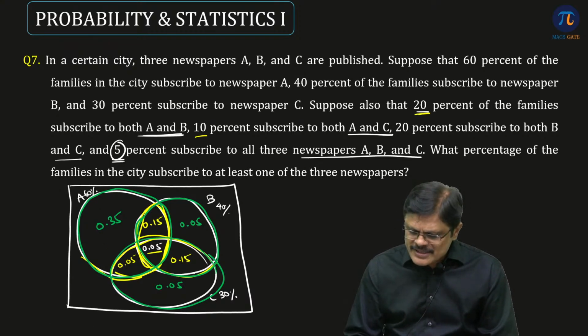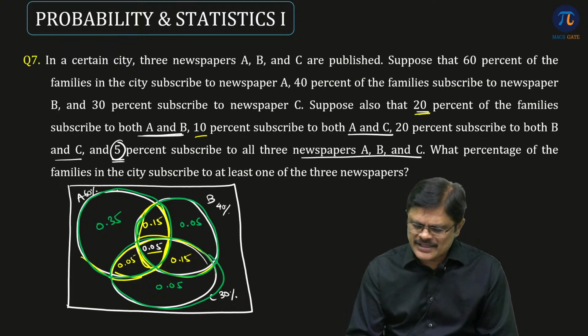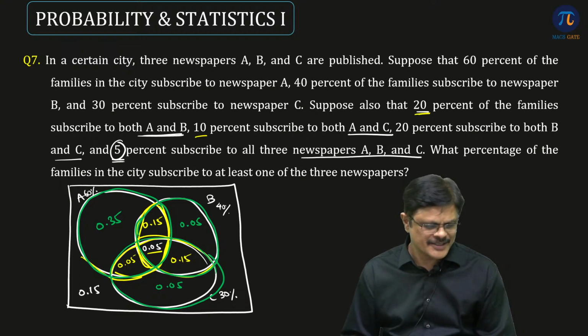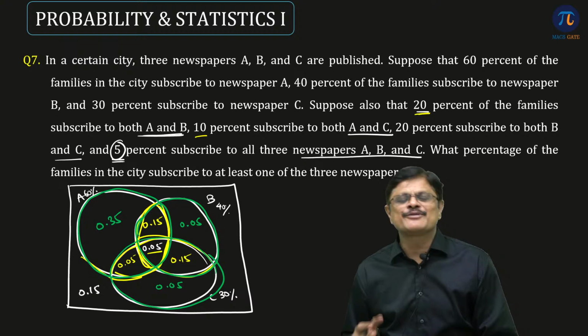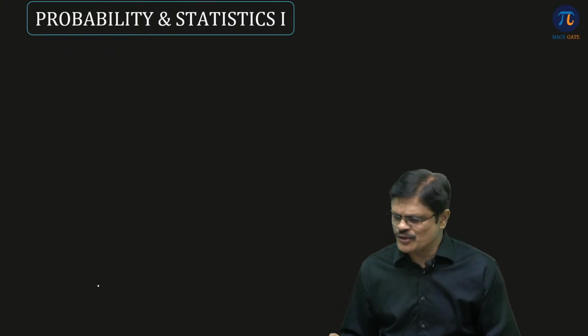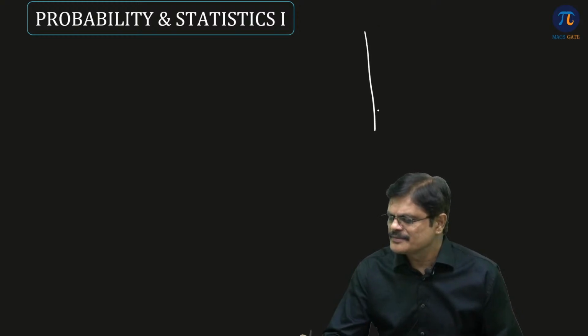Now if you sum up all this, 60%, 65, 80, 85%. So A union B union C is 85%. So how much outside, sir? 15%. So once you fill this Venn diagram, if they ask any question, that can be easily answered, my dear friends. So let me redraw this Venn diagram here.